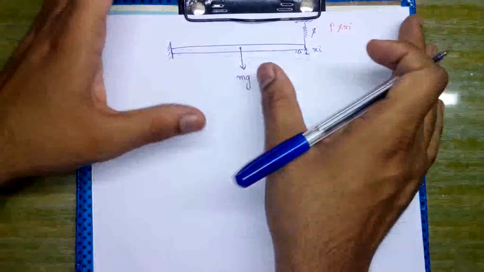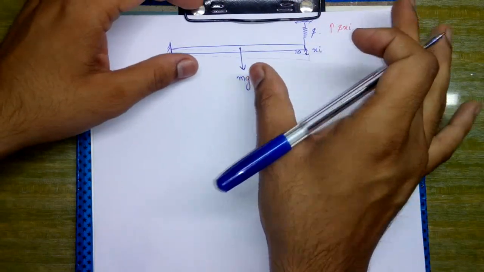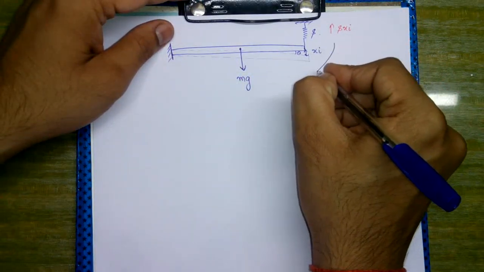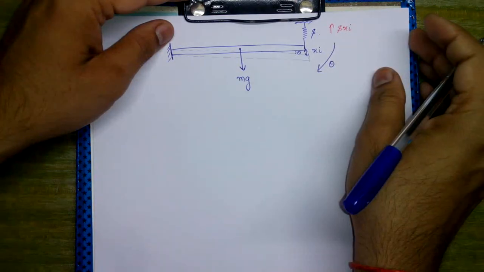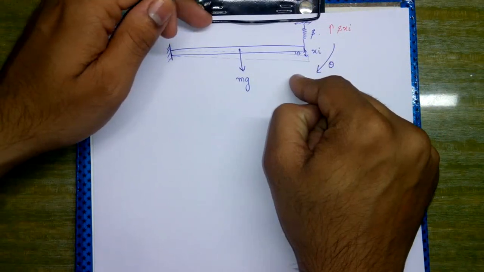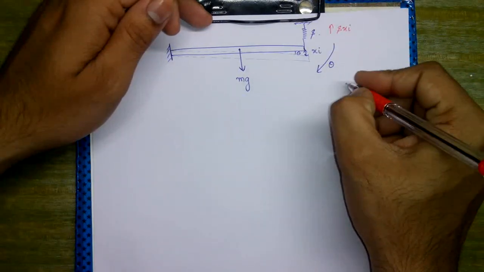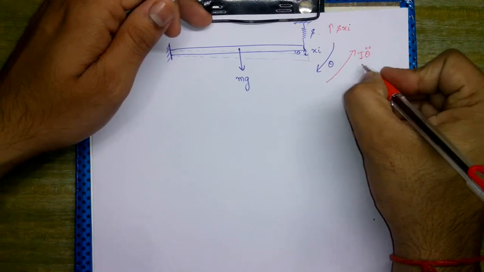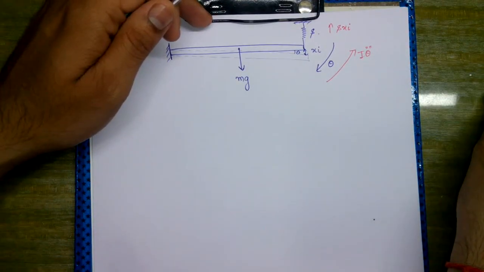Now we will apply all those rules and procedures similarly in this equation. So we displaced this system by an angle theta. Since this system was displaced by an angle theta, I theta double dot will act in the opposite direction according to D'Alembert's principle.